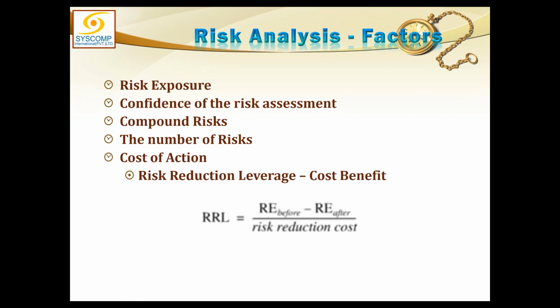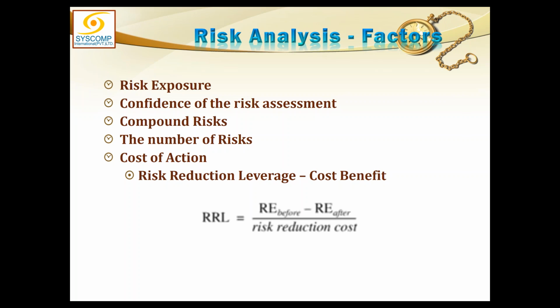Say the measures you take cost you 1,50,000 rupees. The reduced exposure was 90,000. And you are spending 150,000, which is much more than that.